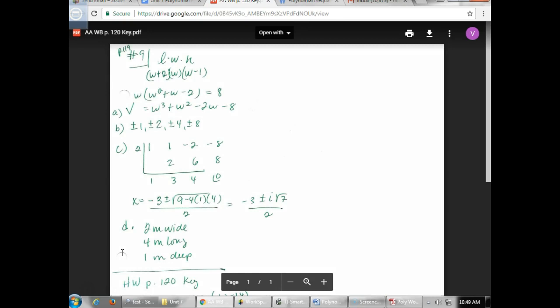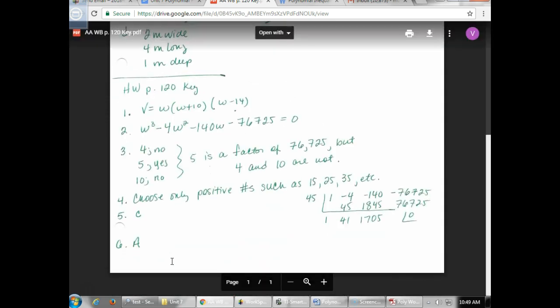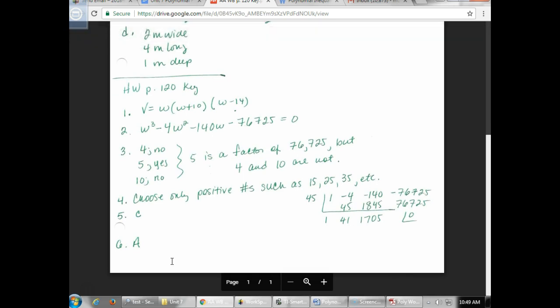Now, for word problems, we're really not going to usually make you do synthetic division and everything. You're usually just going to use your graphing calculator. This is just learning and providing opportunities for y'all to think. So here's page 120, and I would not worry too terribly much about number 4. It's kind of a weird problem just to get you to think outside the box.